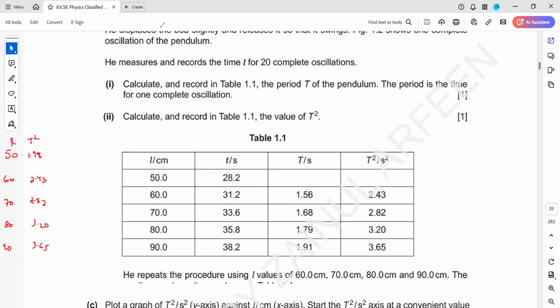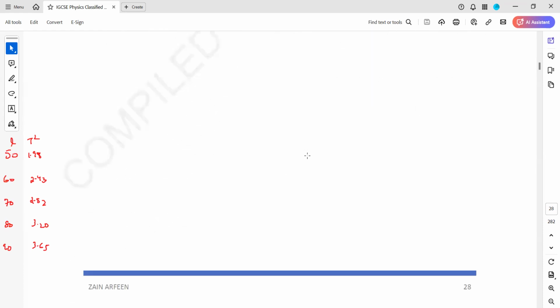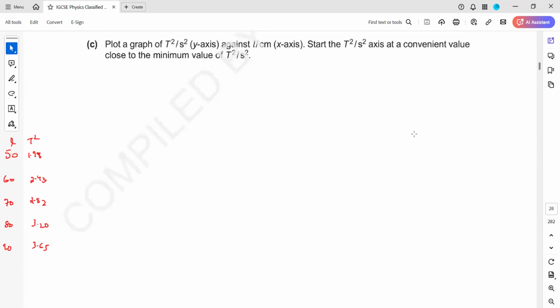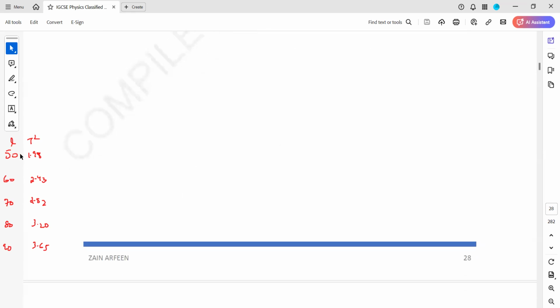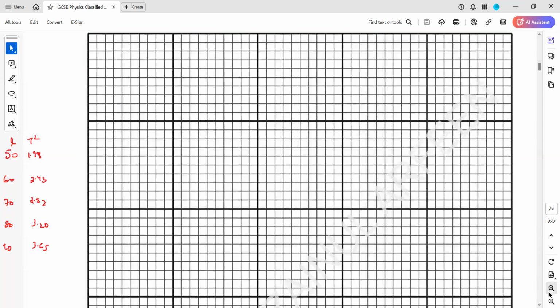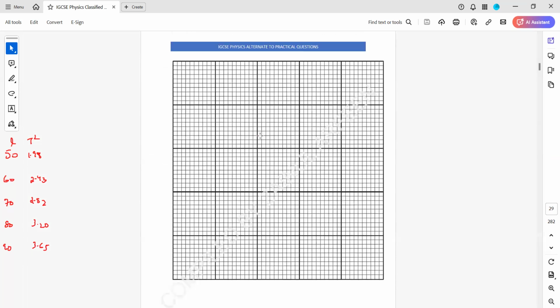These are the values. So we need T squared on the y-axis and L on the x-axis, and start the axis at a convenient value. Convenient value means that, as you can see here, length is not starting from 0, so we can start with any number other than 0. It is important that you label the axis correctly.